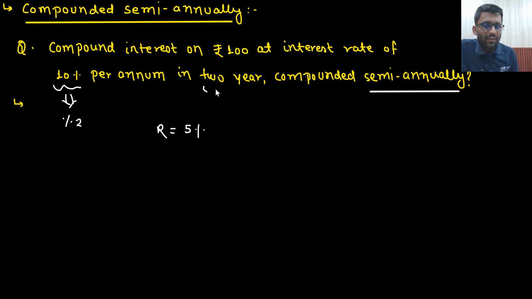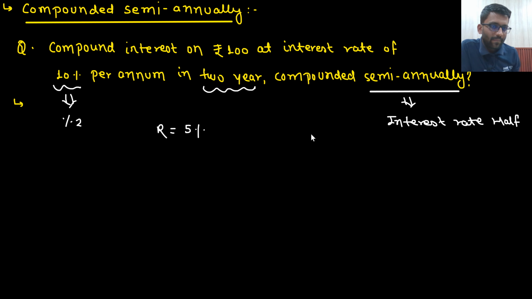And if they are asking after 2 years, but it is compounded semi-annually, that means 2 years will become 4 periods for you: 6 months, 6 months, 6 months, 6 months. So you have to double the time. Semi-annually means the interest rate is halved and the time is doubled.